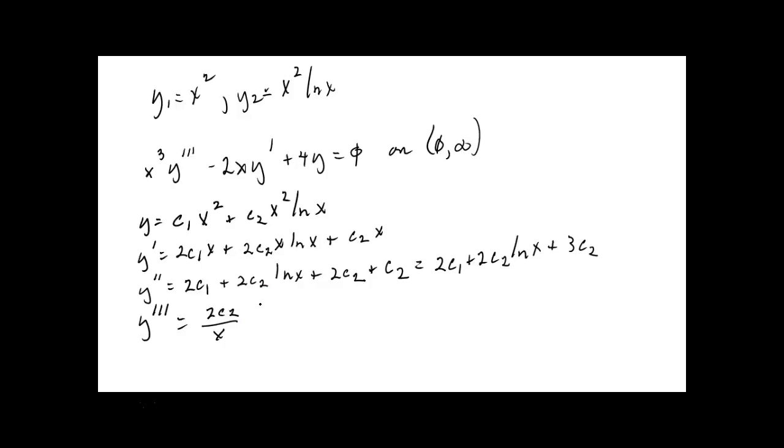All right. Then if we plug these in, we get x cubed times that would be 2c2 x squared. Okay. Minus, go up to this one, 2, let's make that 4c1 x squared. Okay, I'm multiplying the 2 here by the minus 2x there.